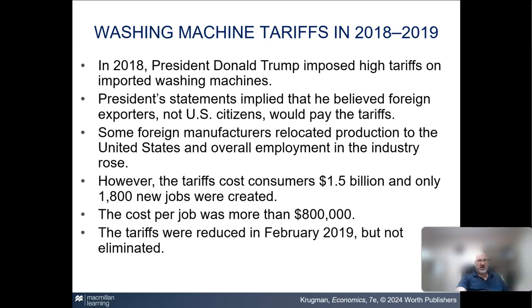In 2018, Trump imposed high tariffs on imported washing machines. His statements implied he believed foreign exporters, not U.S. citizens, would pay the tariffs, same as he did when he did these things here in 25. Same belief. But some foreign manufacturers relocated production to the U.S. Overall employment in the industry rose.